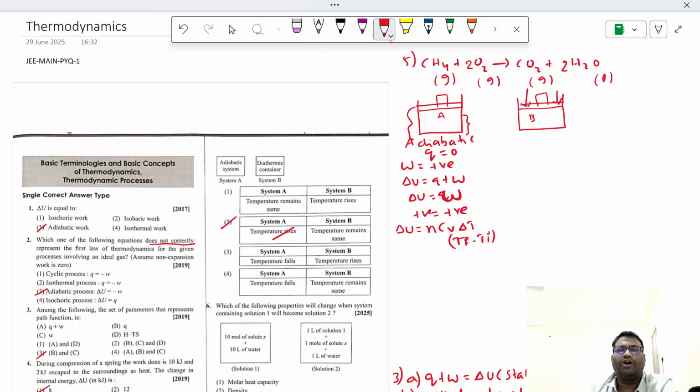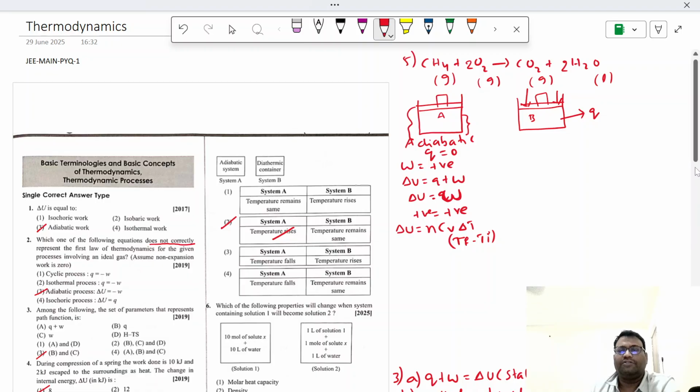When heat can flow out, according to the options given, we can say that the work done on the system is converted into heat, and that heat escaped into the surroundings. So here the temperature remains the same, because whatever work is done on the system, that amount of work is converted into heat, and the heat has escaped. So that is the answer.